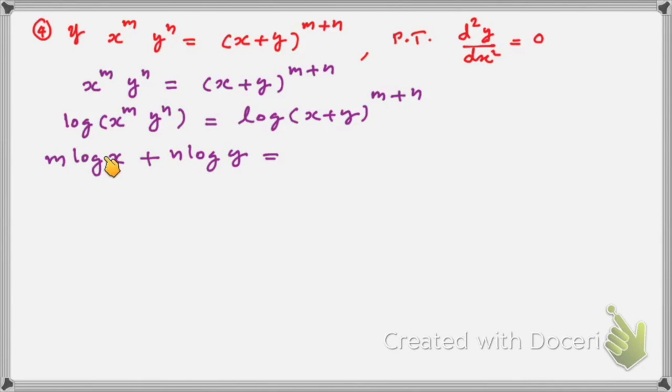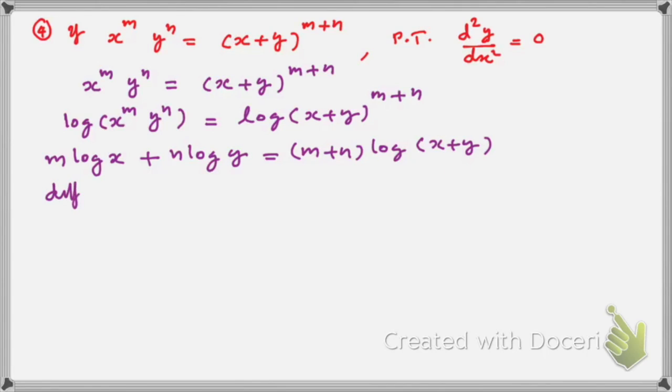So m log x plus n log y is equal to, on the right side, log of x plus y to the power of m plus n. The power can come out, so it's going to be m plus n times log of x plus y. The power m plus n comes out, m plus n times log of x plus y.